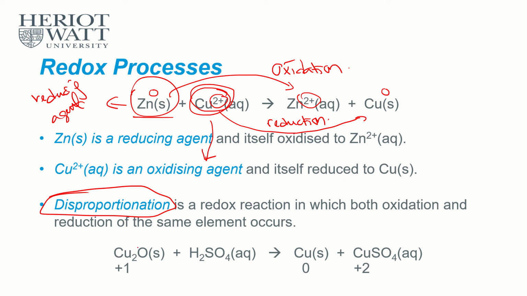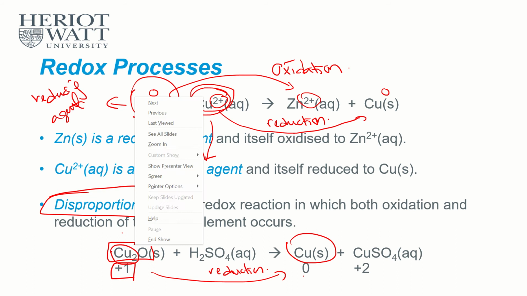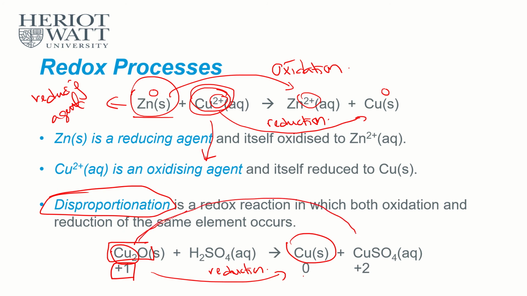Now look at the example given here. Initially, I can see the oxidation state of copper is positive 1. Then it turns into copper solid, which is 0. So what reaction is this, from positive 1 to 0? Reduction, right? And from the same compound, it started with positive 1 copper oxide, it turns into copper sulfate, which is 2 plus in terms of oxidation number.